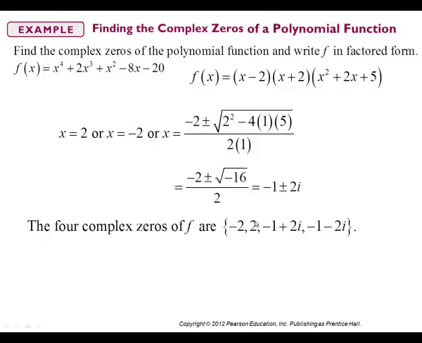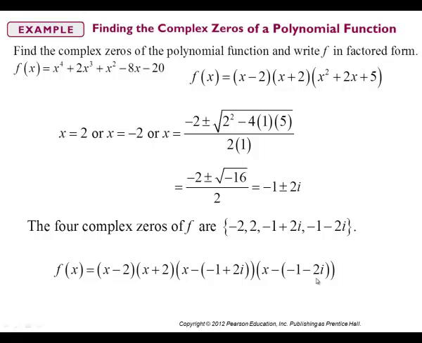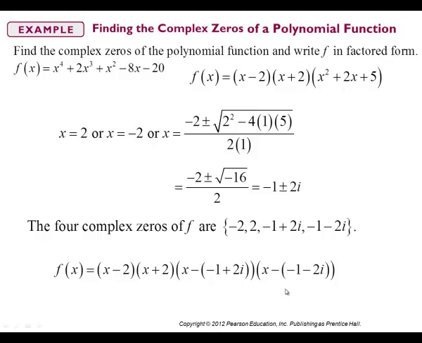And so here we have our real zeros and our complex zeros. And so now we want to put that into one, and so this is what it looks like factored out. And what we did is we put these in as factors. So we already have the x minus 2, that's this, and the x plus 2, that's this.